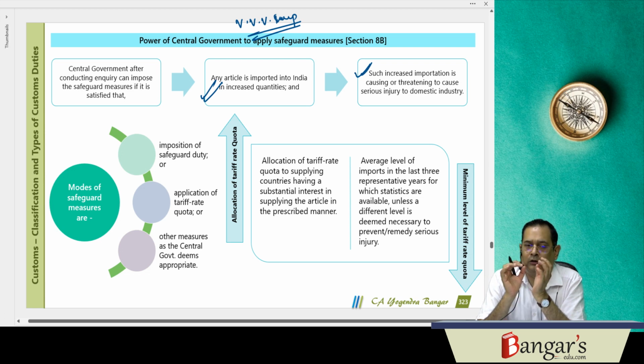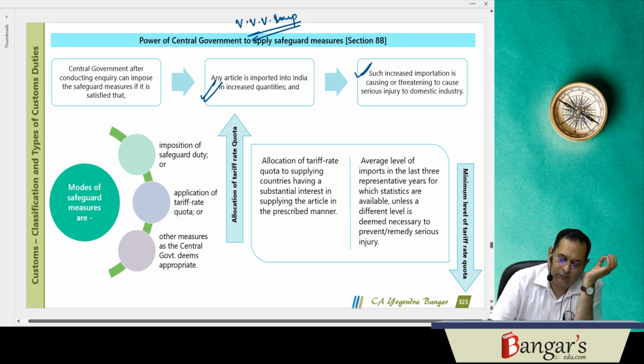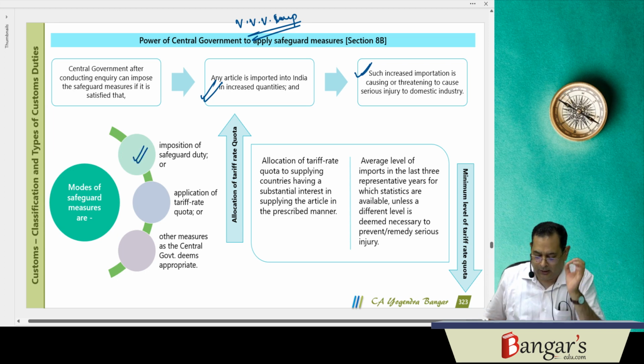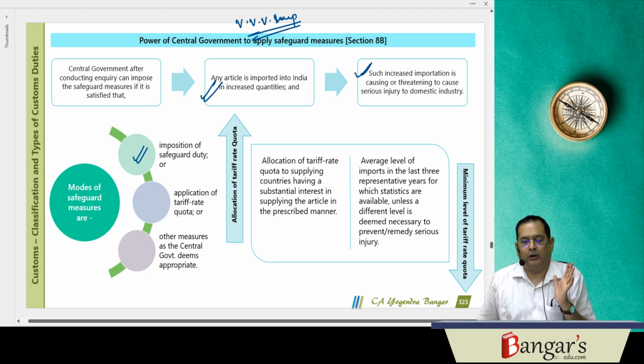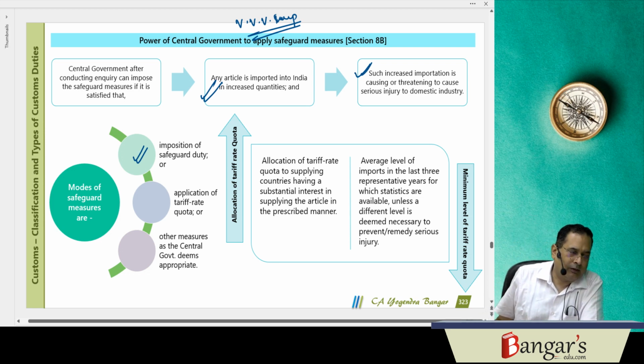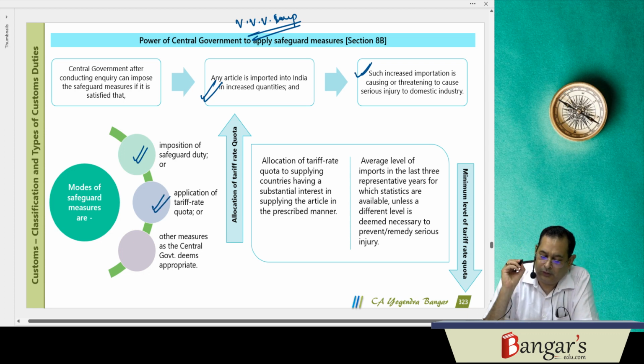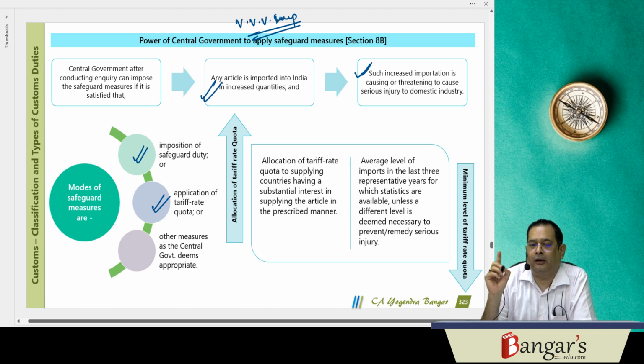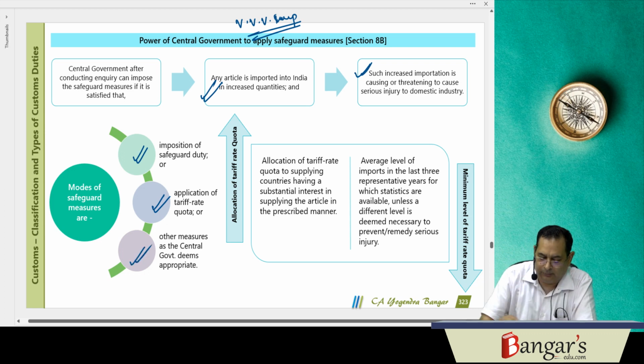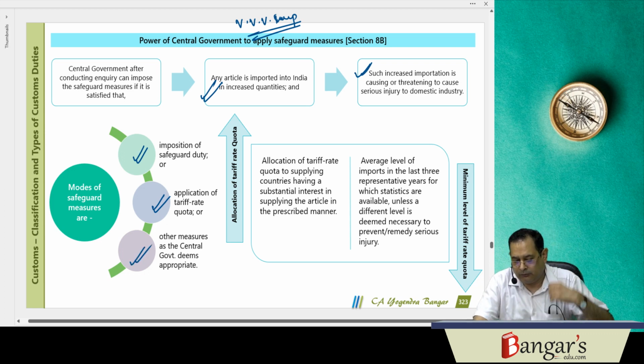Now, what modes of safeguard measures can be there? Number one is they can impose safeguard duty. Number two is they can apply tariff rate quota, or other measures as the central government deems appropriate.